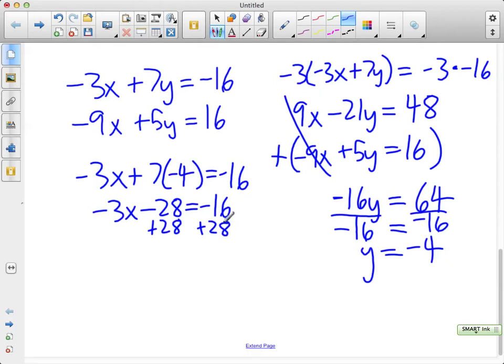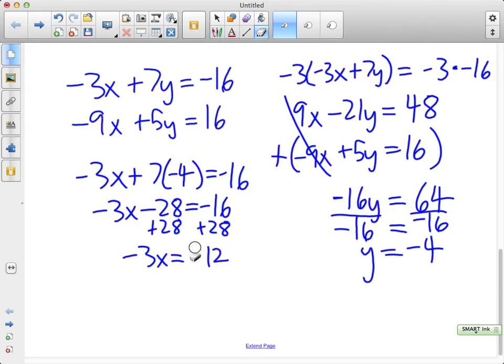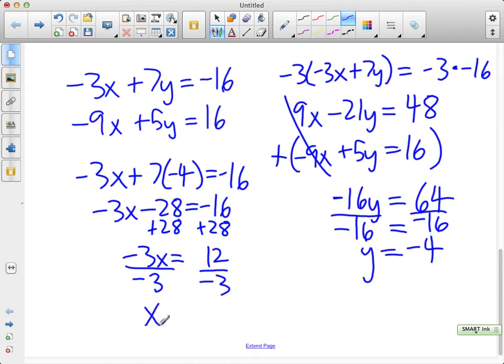So then negative 3x equals positive 12. That's a negative 16 plus a 28, so that becomes a positive 12. Divide both sides by negative 3. We get x equals negative 4. So our solution in this one is negative 4, negative 4. That's where the two lines intersect.